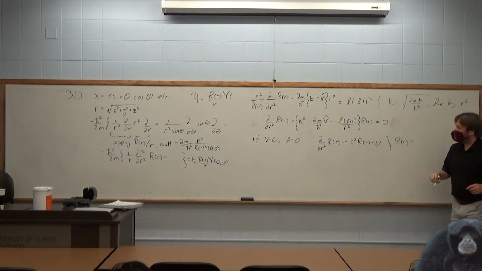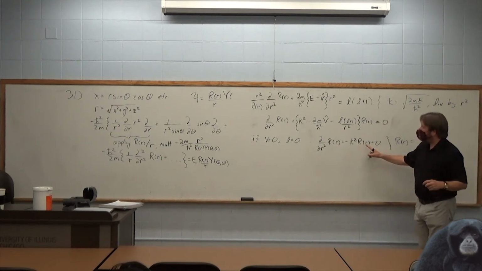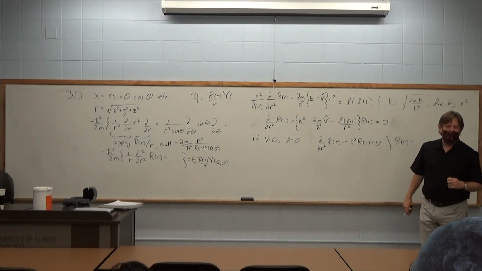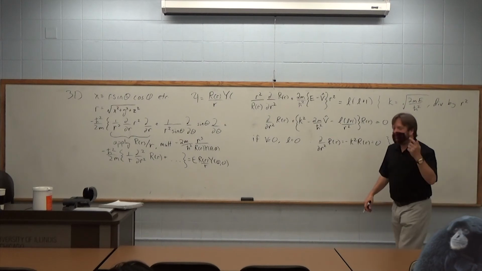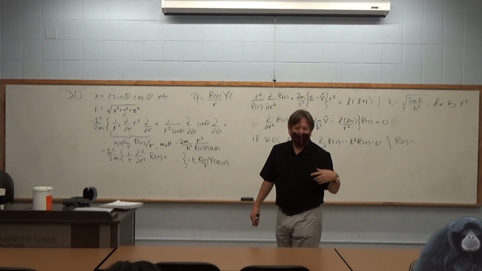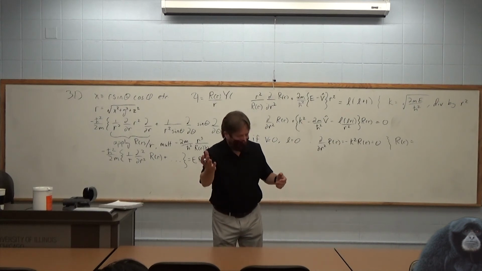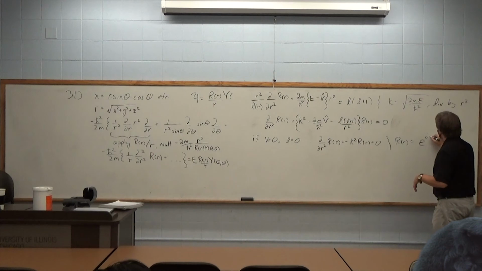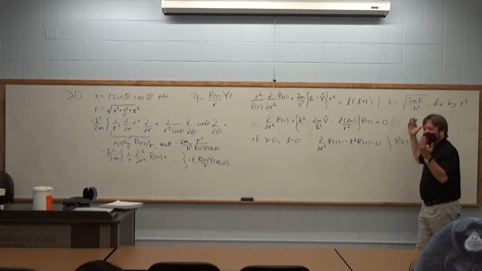What do you think is a reasonable solution? The second derivative of a function is equal to itself times a constant. You've seen it before. Sine, or give me something a bit more sophisticated: e to the ikr.